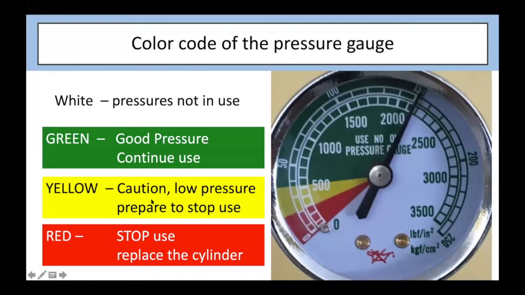So as long as we see the needle of the gauge in the green section, we have good pressure and we can continue the use. But when we see the needle dip below into the yellow section, we want to use caution because that's a low pressure and we need to be preparing to stop the use. By the time we get to red, we want to stop the use and replace the cylinder.